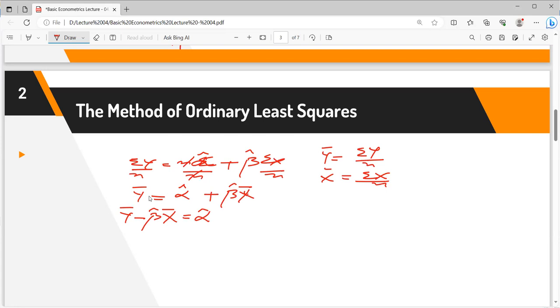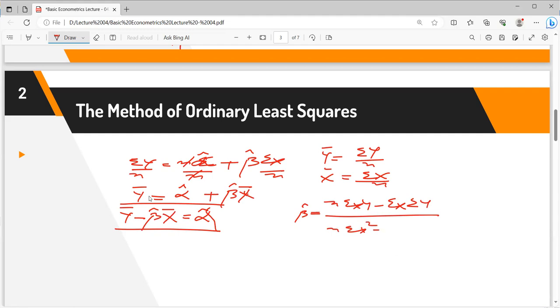If you look at the formula of alpha and the formula of beta that we already derived in the previous slide, beta estimated is equal to n summation xy minus summation x summation y over n summation x square minus summation x whole square.